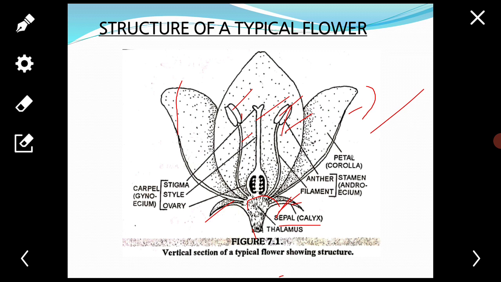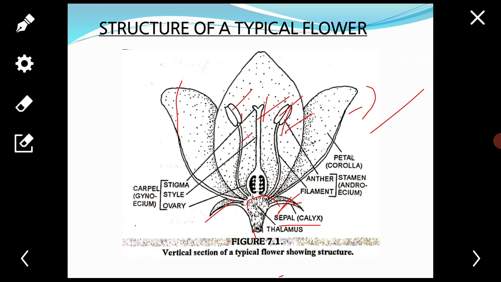The fourth or last whorl, that is the gynoecium or pistil. Gynoecium is the fourth and the last whorl of floral appendages or carpels.